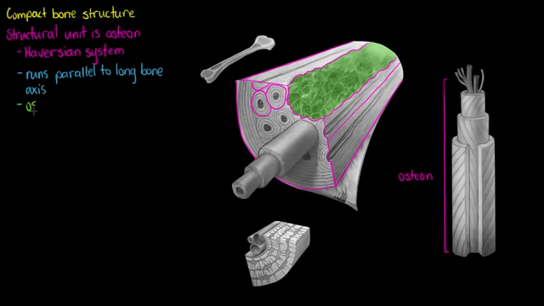But the osteon itself is also composed of several smaller features. The first of which being the lamellar plates, or lamellar rings or tubes, and I'm just going to show them here. Now we can see one lamellar ring, a second lamellar ring here, and a third lamellar ring.